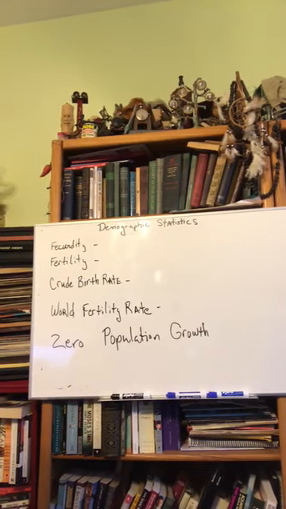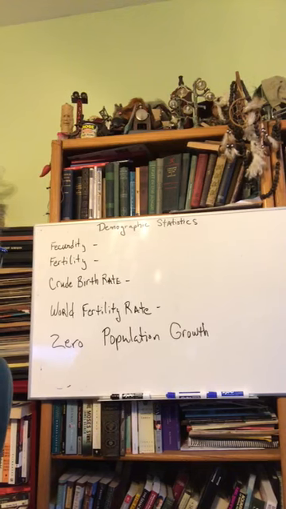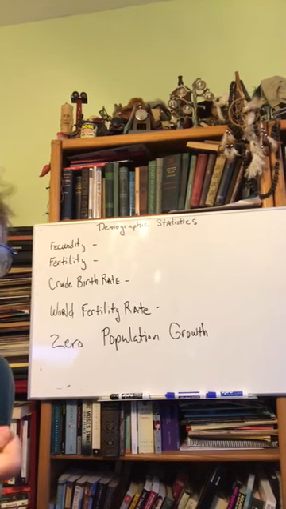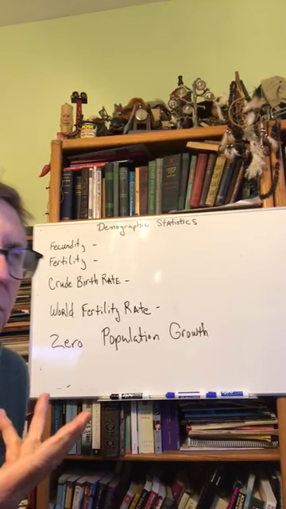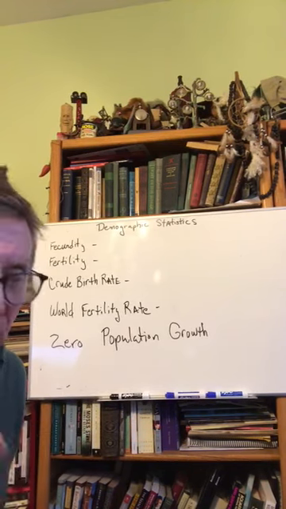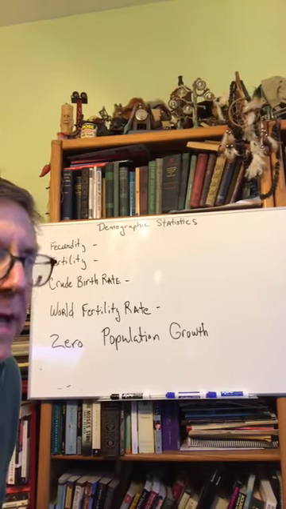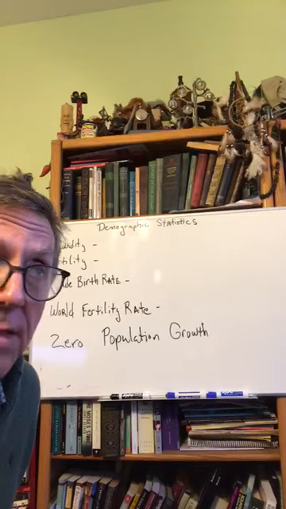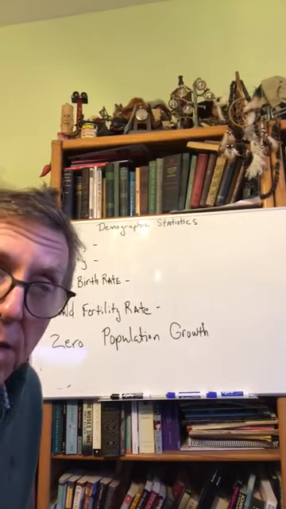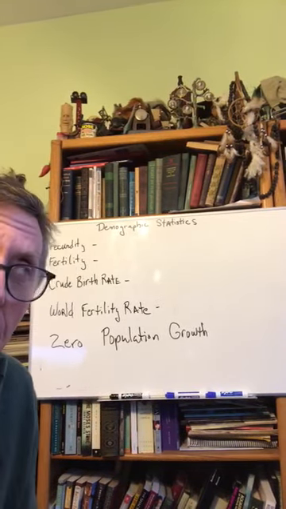Now, sometimes biologists will talk about the fecundity of an organism. And when I was in graduate school and I was studying this marine worm, I would collect the worms and I'd count how many eggs each female worm was releasing.